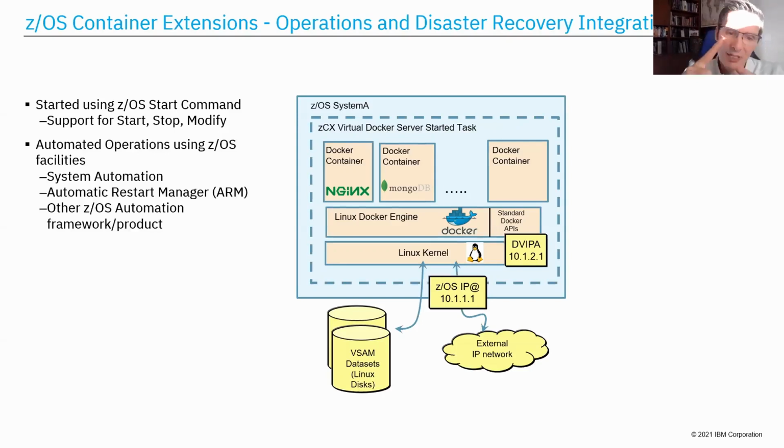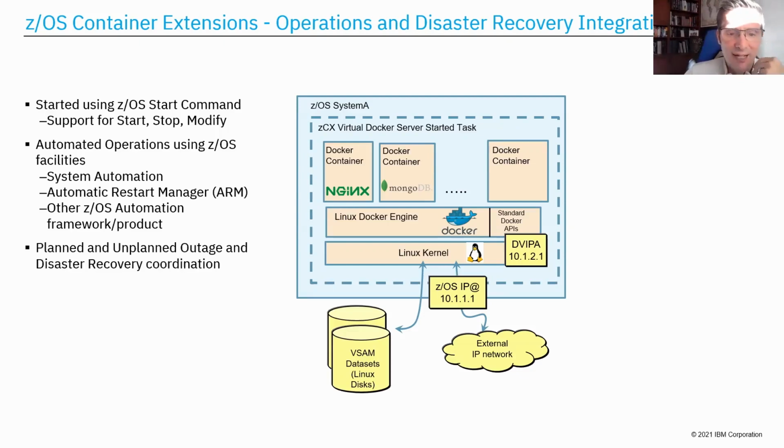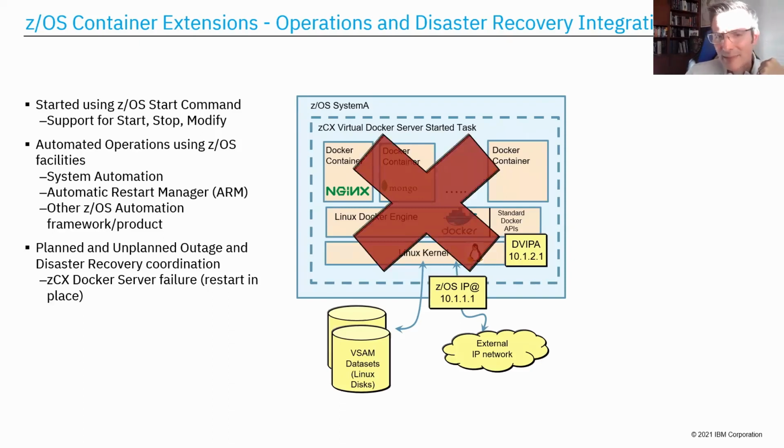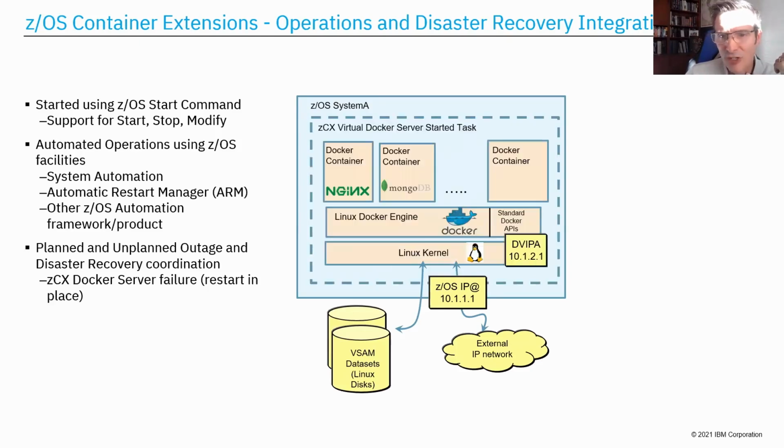I can use IBM System Automation, I can use ARM to automatically restart, or any other z/OS automation framework or product. So for example, if I bring down my ZCX server, I can have my automation or ARM or other frameworks just restart it in place.